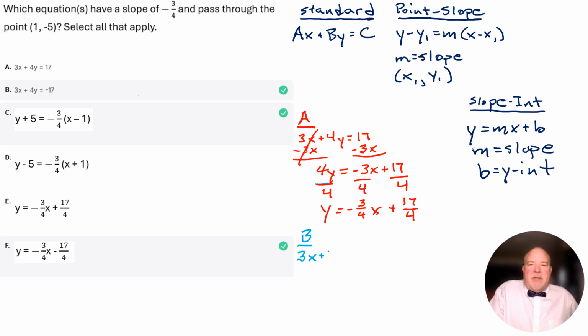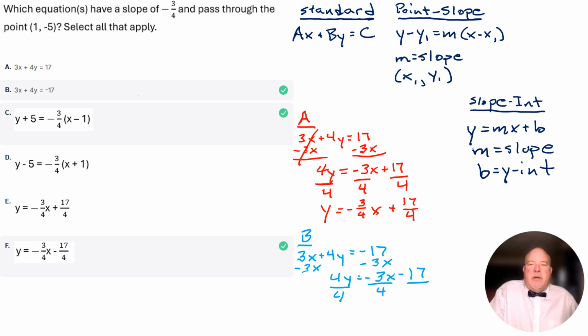So 3x plus 4y equals negative 17. Subtract the 3x from both sides. And so that gives me 4y equals, again, I'm going to write negative 3x minus 17. I'm going to divide by 4.